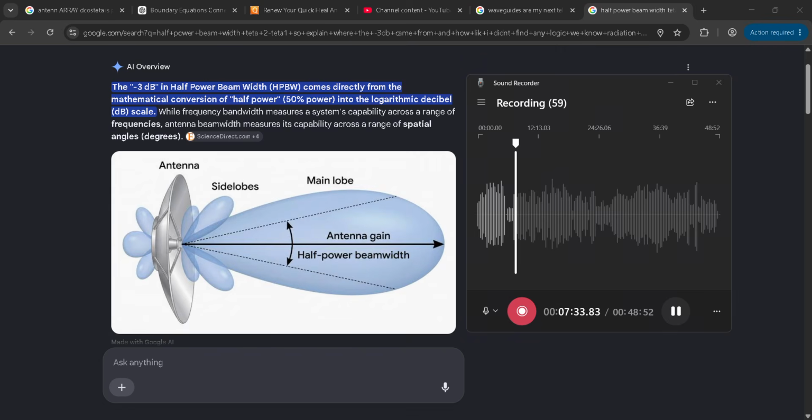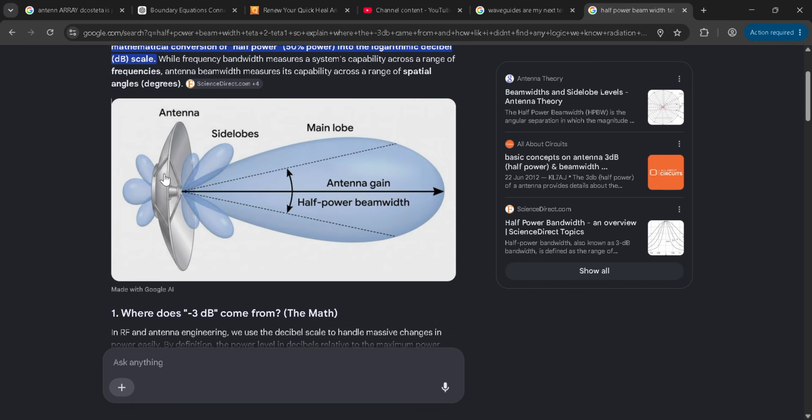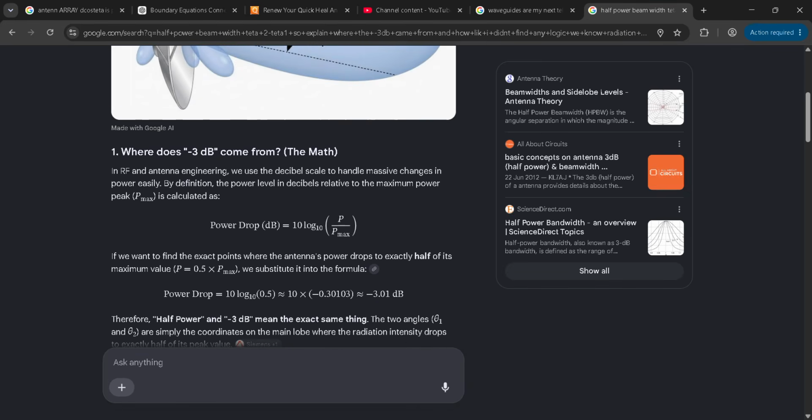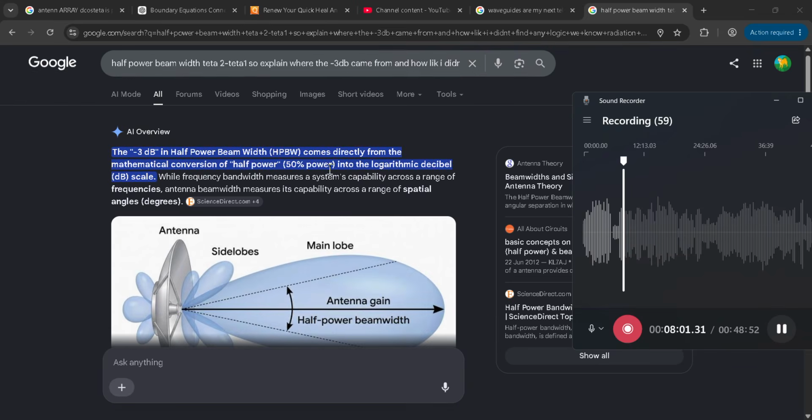So don't confuse bandwidth with beamwidth. Beamwidth is different. So minus 3 dB comes directly from the half-power point. The underlying logic of half-power beamwidth is exactly the same as for frequency bandwidth with edges f1 and f2, except instead of measuring across frequencies, it is measuring across angles or across space.